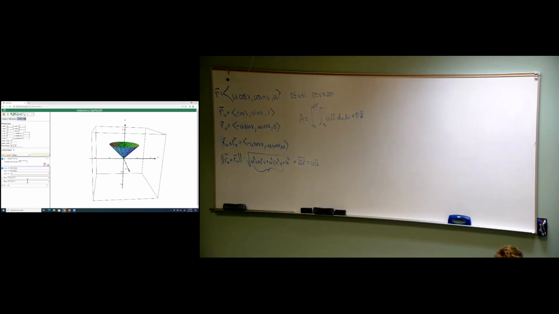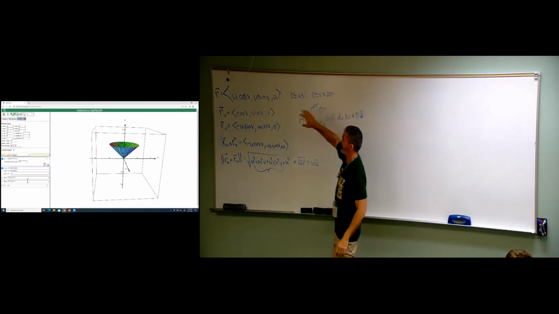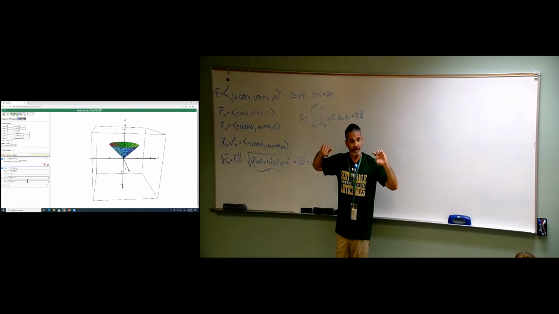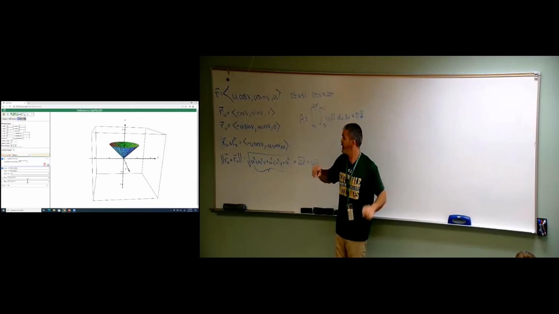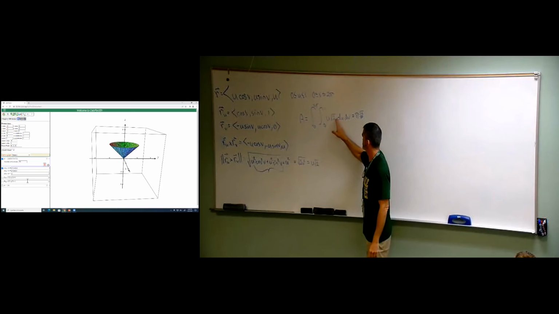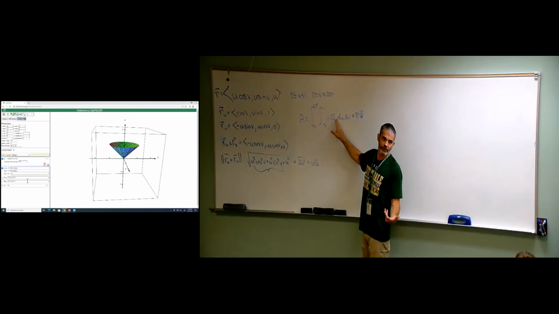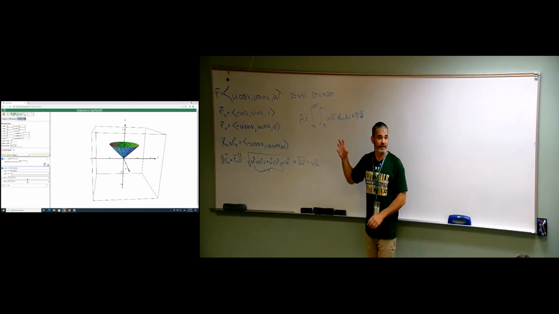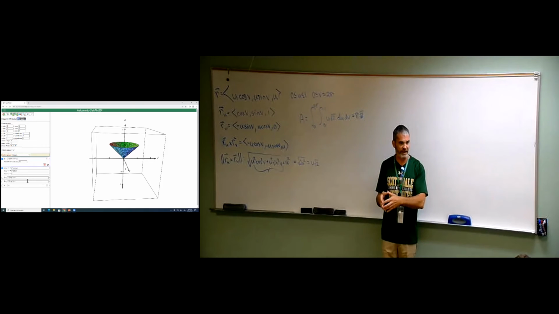Now, here's one thing I do want to point out. This parameterized surface was done in terms of cosine and sine. But one thing I did not need to do was put an extra u, or if I had left it in terms of r and theta, I didn't need to put an extra r in the integrand, because this was not taking something in rectangular and converting it to polar.